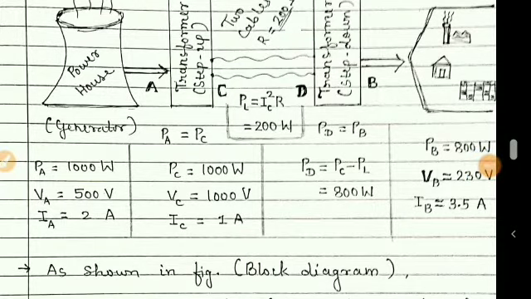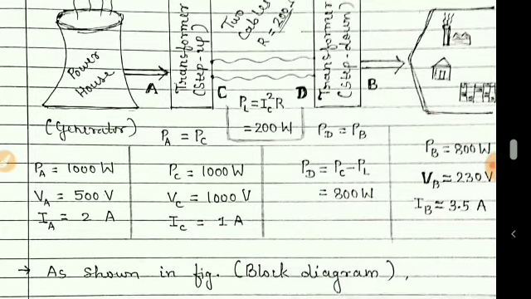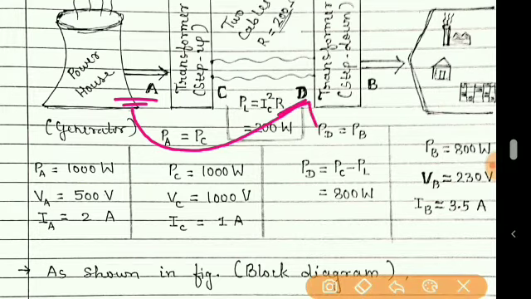Now students, suppose if the power generated at point A is directly sent to point D, what will happen if this step up transformer is not used?